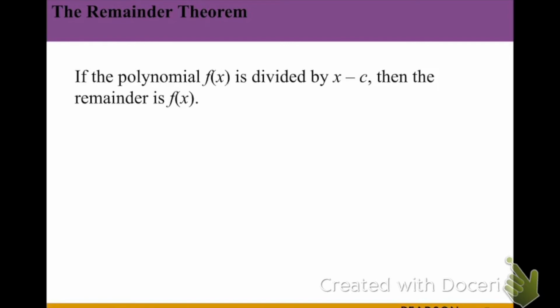The cool thing about synthetic division is also that it leads into the remainder theorem. The remainder theorem says that if a polynomial f of x is divided by the factor x minus c, where c is a constant, then that remainder is f of c.